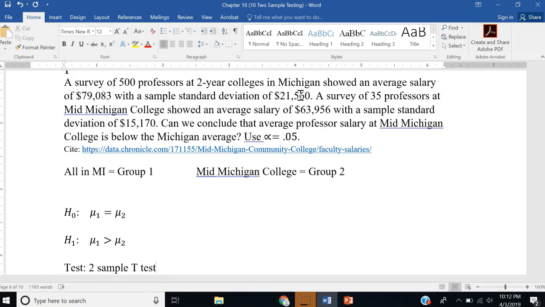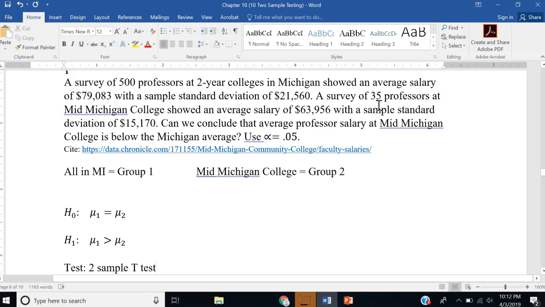Sample size of group 1 is 500. Group 2, average is 63,956. Standard deviation, 15,170. Sample size for group 2 is 35.